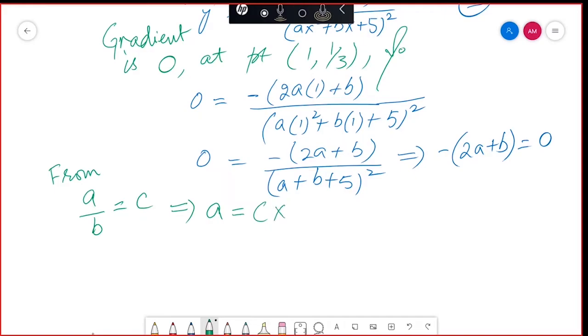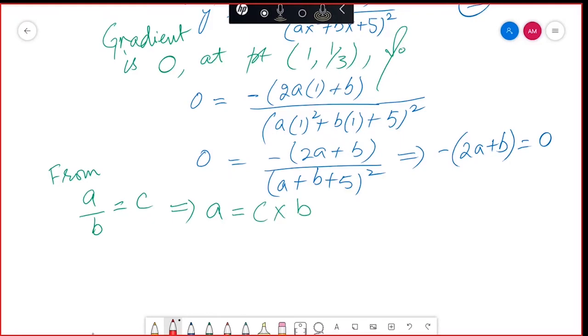Very nice, c times b. That is the same thing we are doing here. In the above case, c is 0, a is minus 2a plus b in the bracket, and b is the one in the denominator. So once we multiply anything with 0, the result is 0.